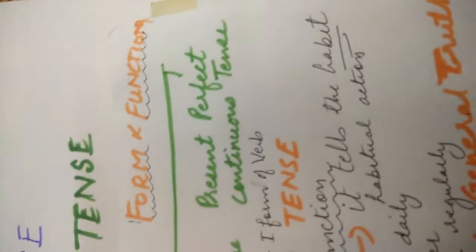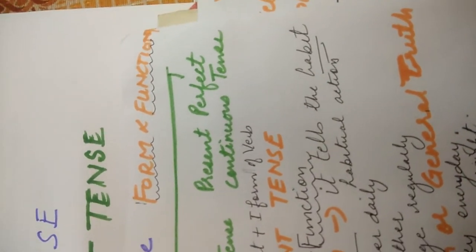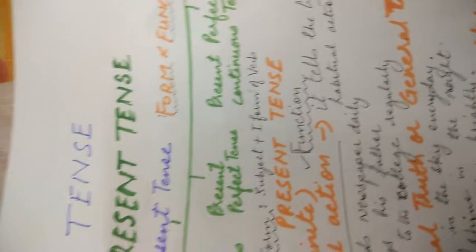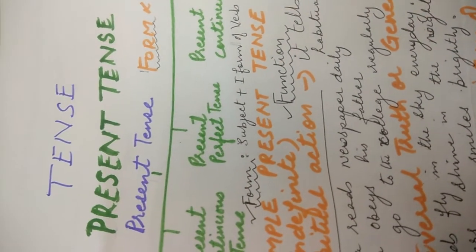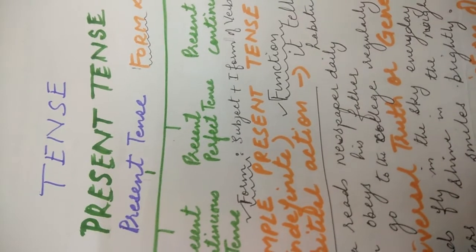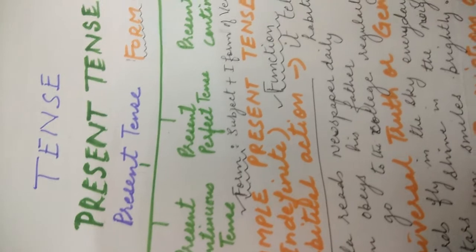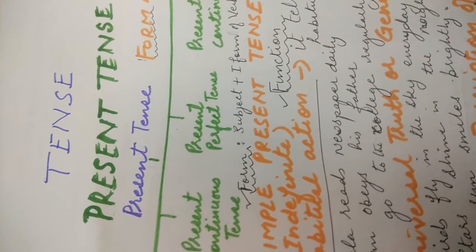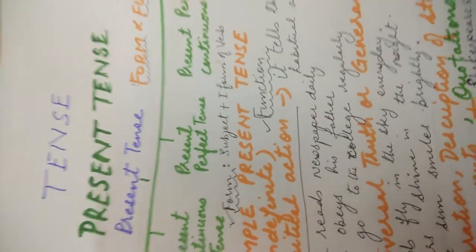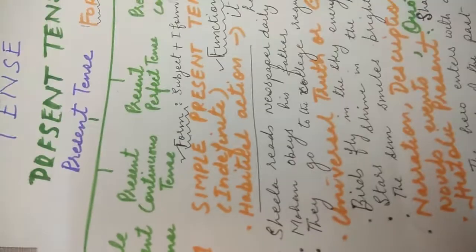Have a look, students. Form here means the structure. When you frame any sentence and make use of the English language very effectively, you must know the structure, how to frame the sentence. So, form first, and we will start with simple present tense.